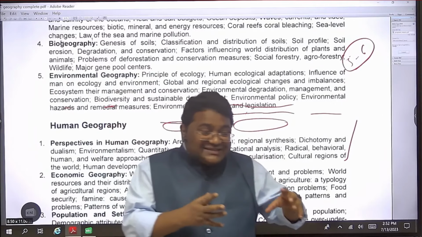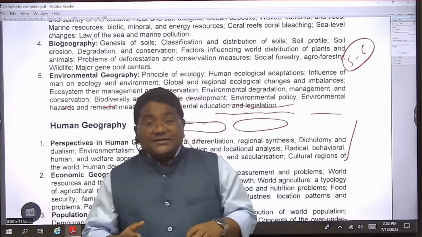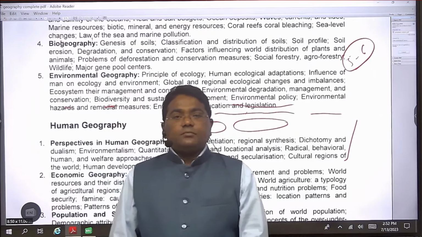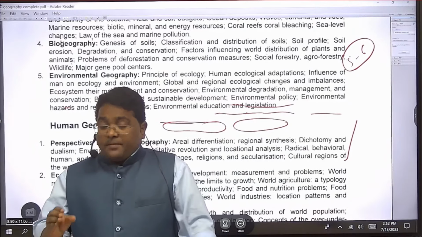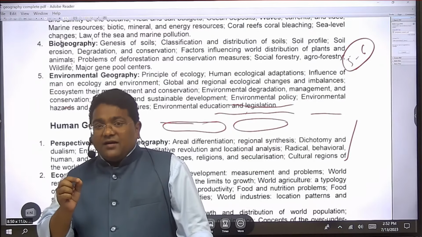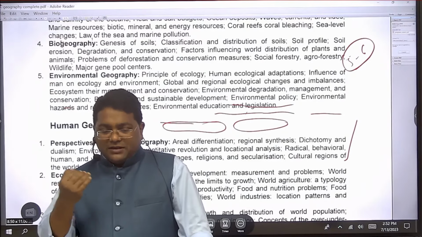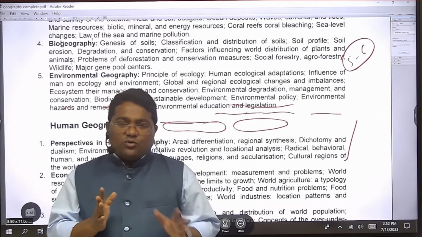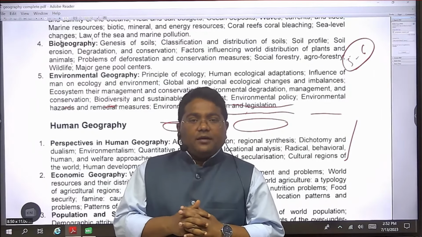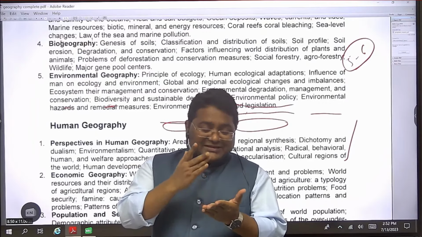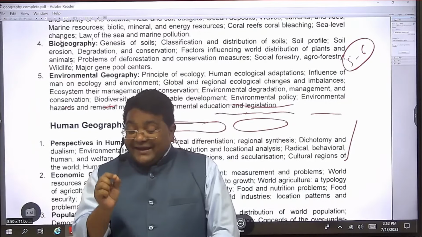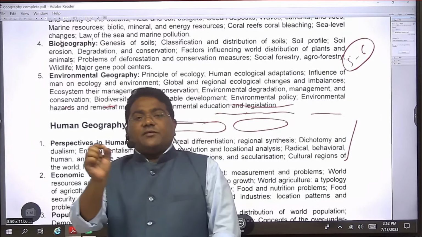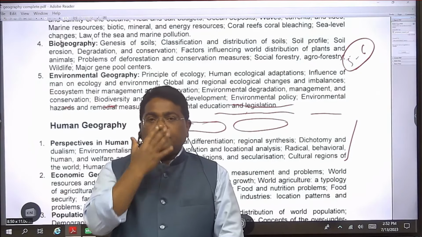And what is in situ conservation or ex situ conservation? For example, you might have seen that the Namibian cheetah, at the government level, we have an agreement, right? Now the cheetah which was brought from Namibia to here, whether it comes under in situ conservation or ex situ conservation.